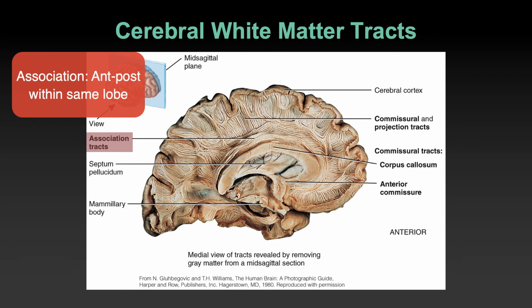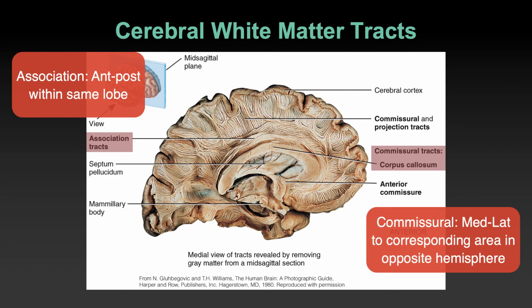Wait, no? I'm pretty sure. I think this is wrong. I think that anterior is on the left-hand side. No, it's right. Never mind. Either way, they run anterior to posterior, and that meaty half-moon shape is the corpus callosum. That's that really easy to identify structure that connects the 2 hemispheres together.